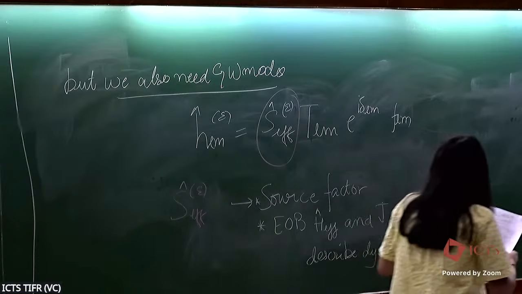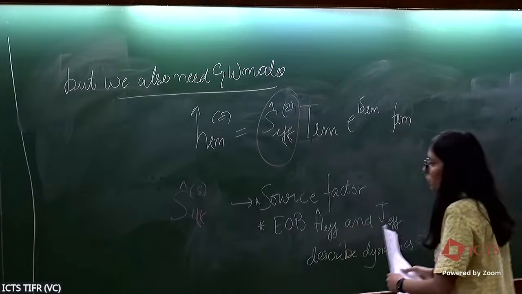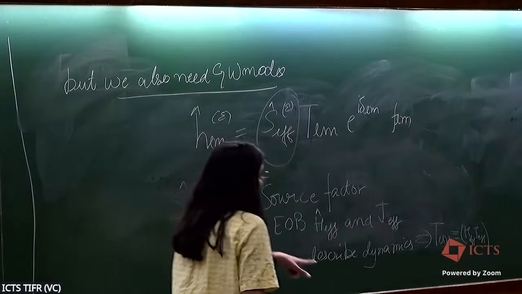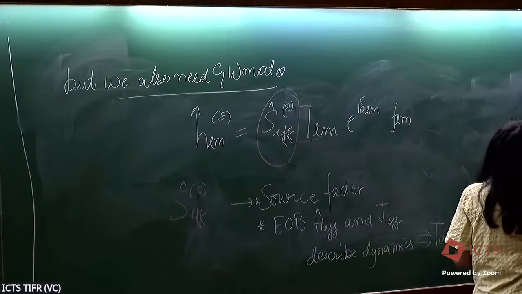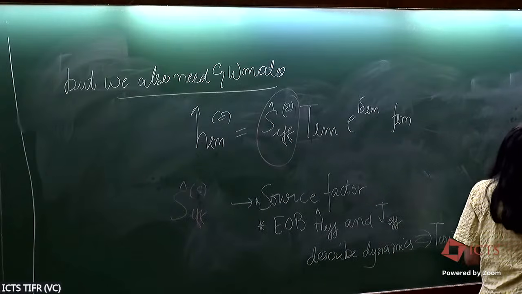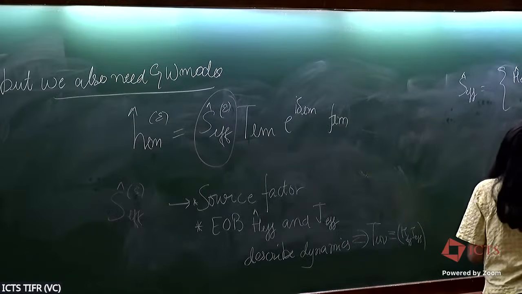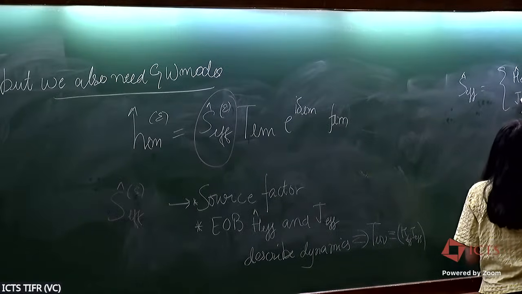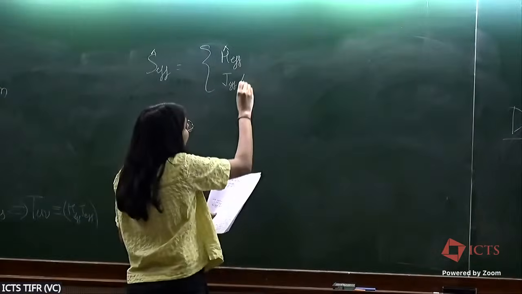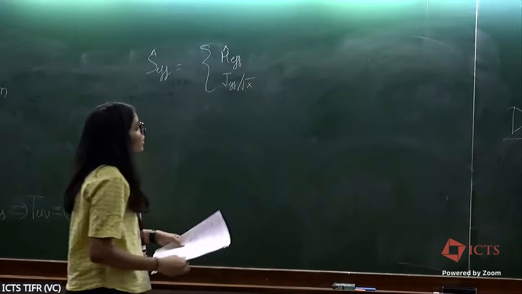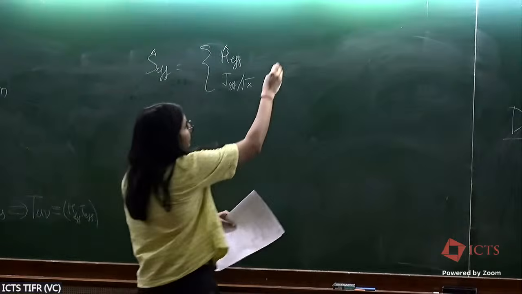And what this S hat effective would be depends on the parity that we are considering. So for the even parity case, it's nothing but the H effective mu. And here we have J effective, and we consider this.